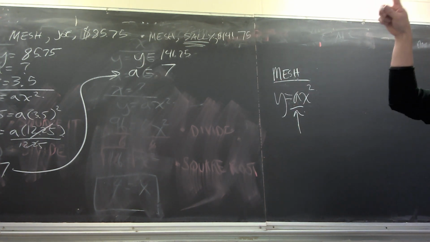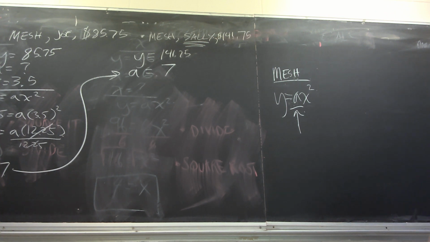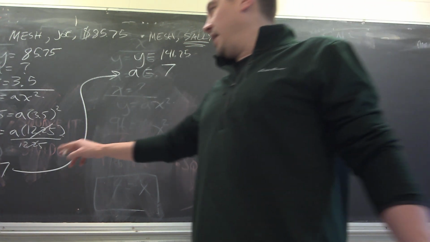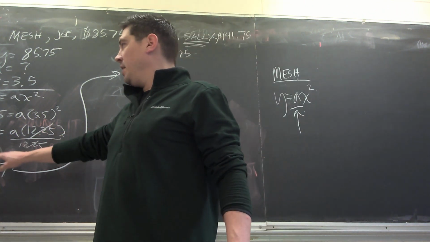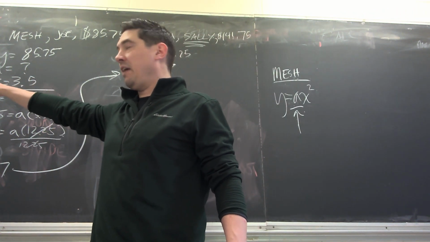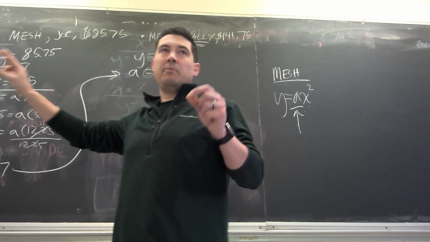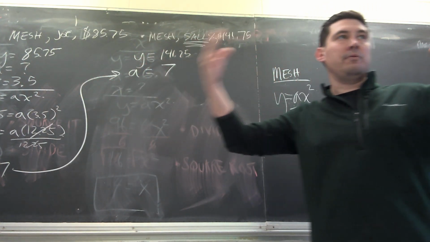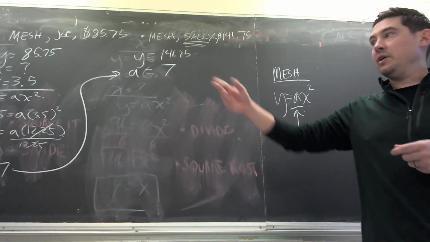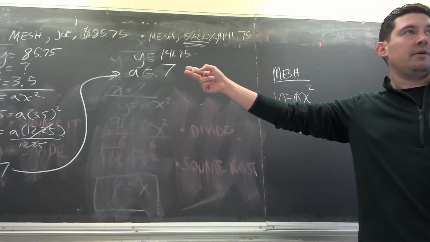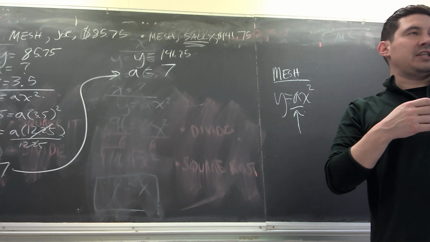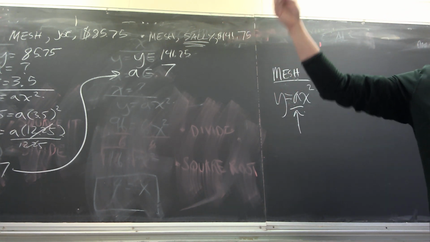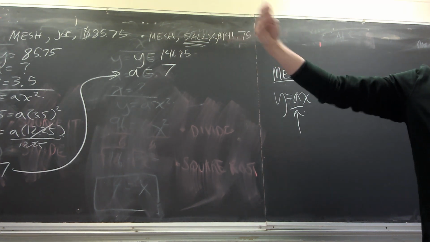It kind of defines what the cost is going to be. If you know that the a is 7 for meshnet and 9 for solar, which is going to be more expensive depending upon the size of your pool? The solar, because the a is 9. It's a bigger number, and I'm multiplying it with the same x squared. So no matter what, solar will cost more because the A is bigger.